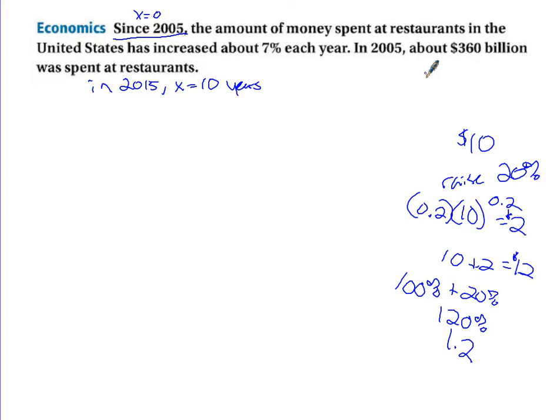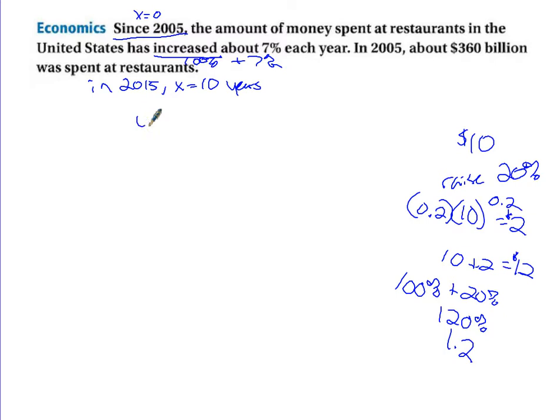I'm going to spend that same $100 because it says I've increased, plus that 7%, which was $7, for a total of $107. So this was 100% right here. This was 7% right here. So in other words, what percent are we talking about? 107%, which as a decimal would be 1.07.